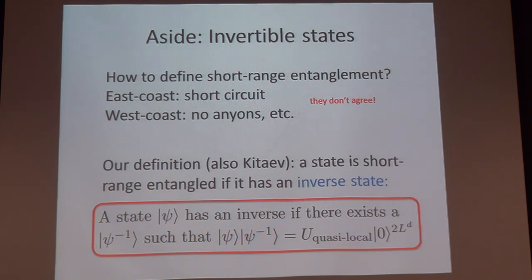This meets the concept of invertible topological order that Xiaoyang talked about yesterday. We say a state psi has an inverse if there's another state psi inverse such that the product of the two can be deformed with a local unitary into product states.